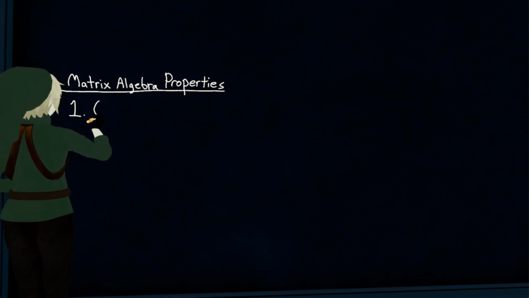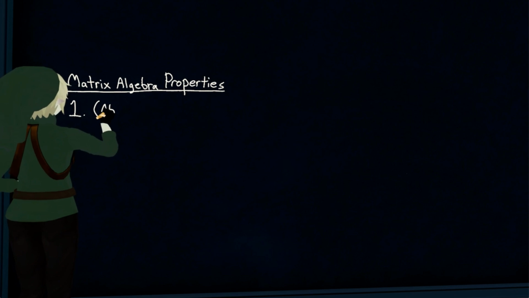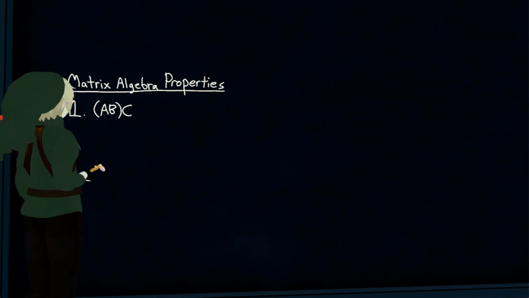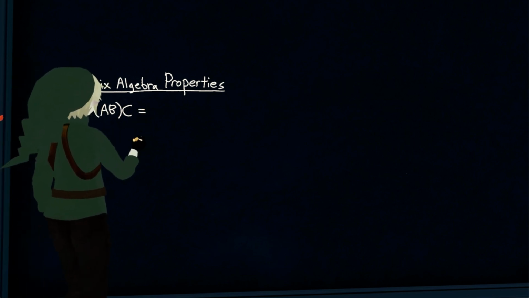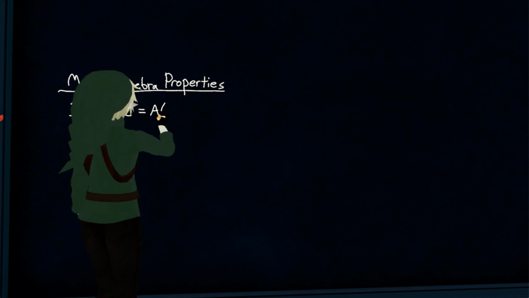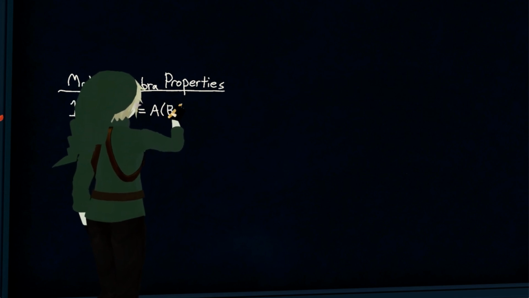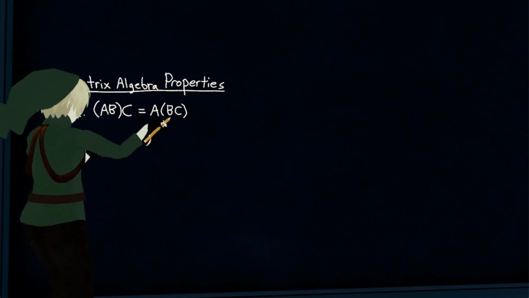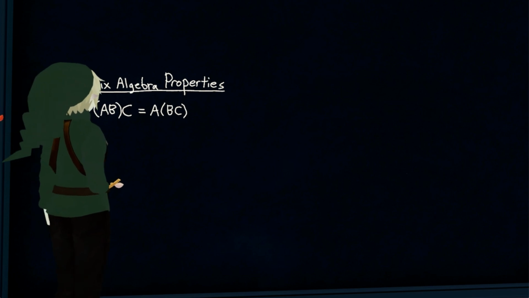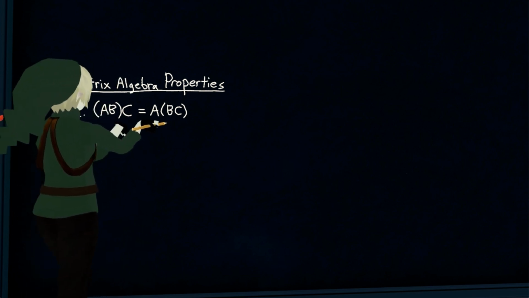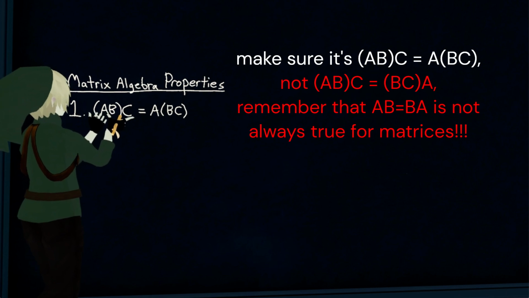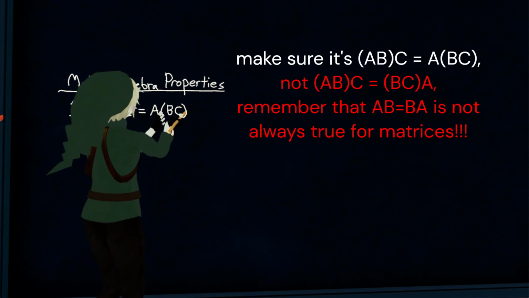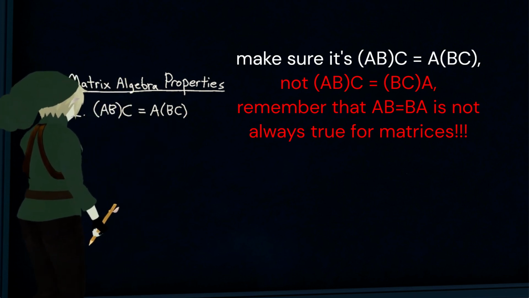If we have 3 matrices, multiplying AB first and then times C is the same thing as multiplying BC first and then A times that. They're going to be equal. In algebra, they call it the associative property. So if you multiply AB first, then times C, it'll come out the same result as multiplying BC and then times A.